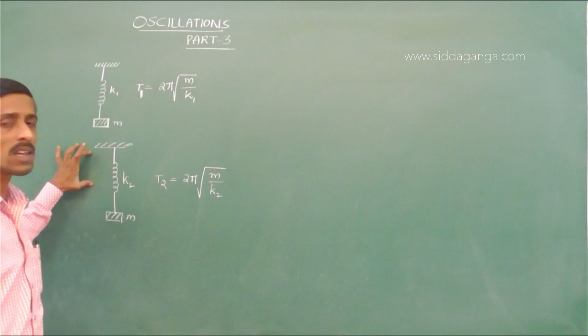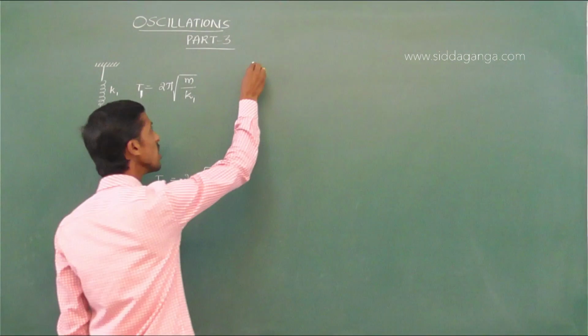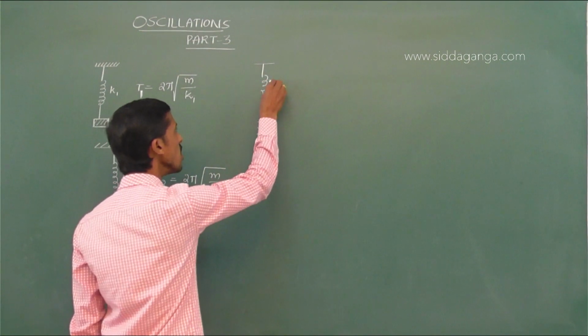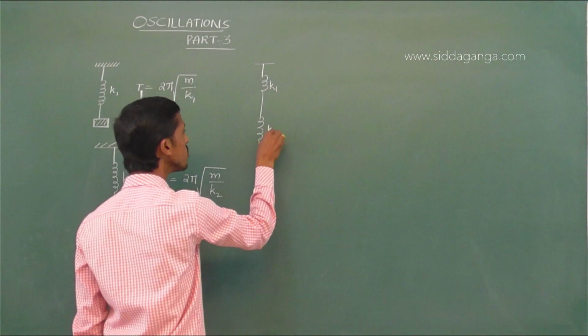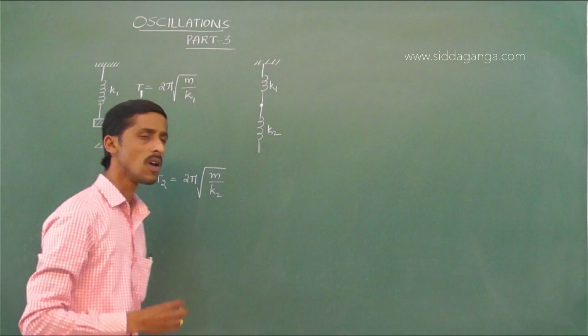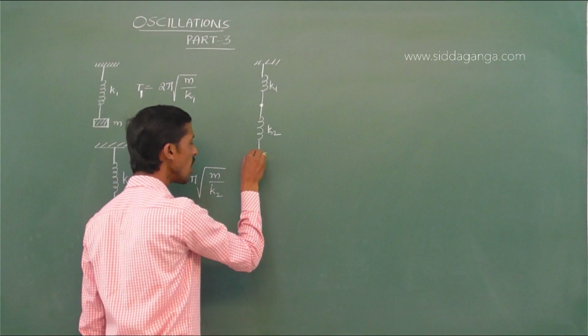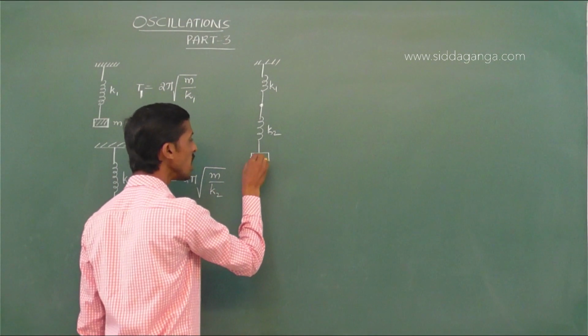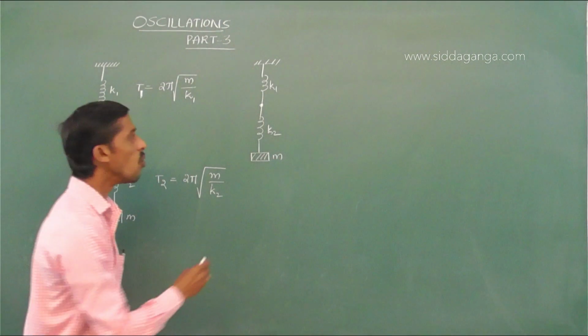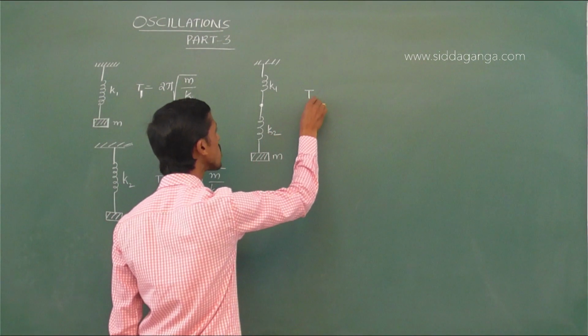If these two springs are connected in series, for the same load M, what is the time period of this combination?